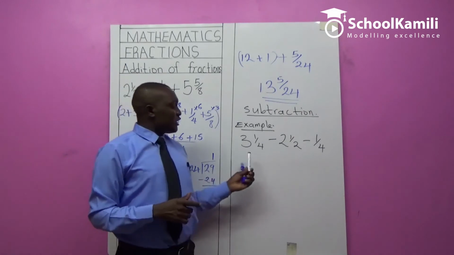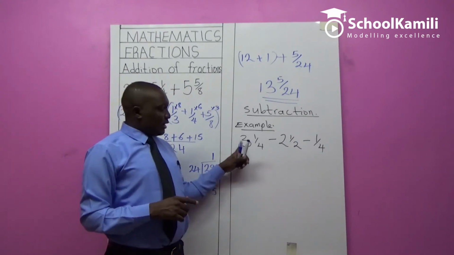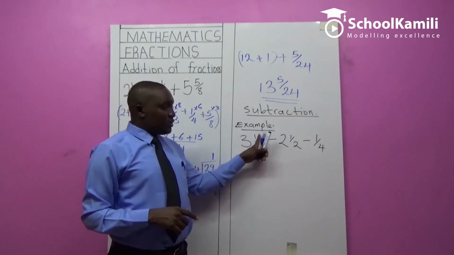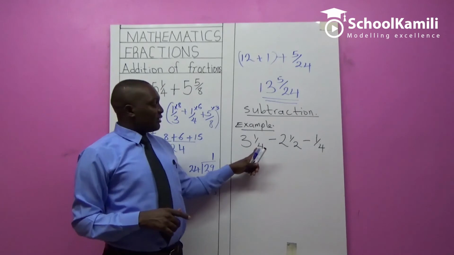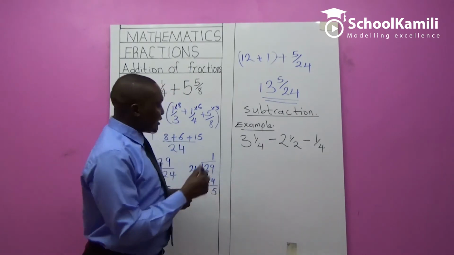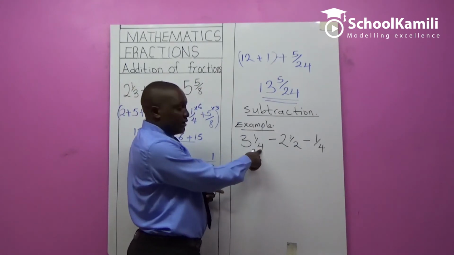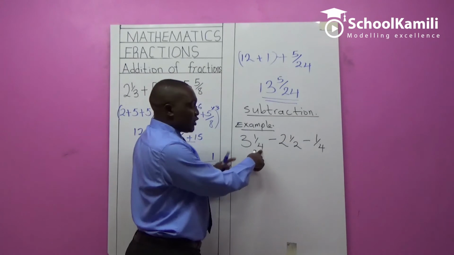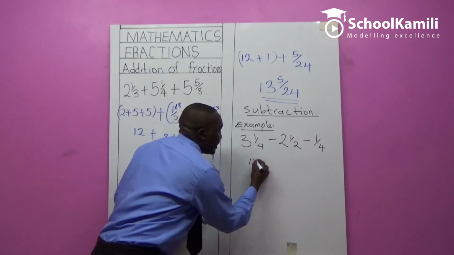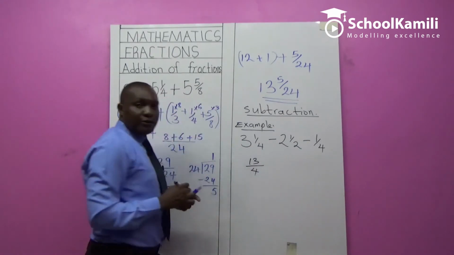How do you change a mixed fraction into an improper fraction? We said take the whole number, multiply by the denominator, add it to the numerator, then put everything over the denominator. In working, take the whole number, which is 3, multiply it by the denominator, which is 4, we get 12, plus the numerator, which is 1, we get 13, and everything over the denominator, which is 4.